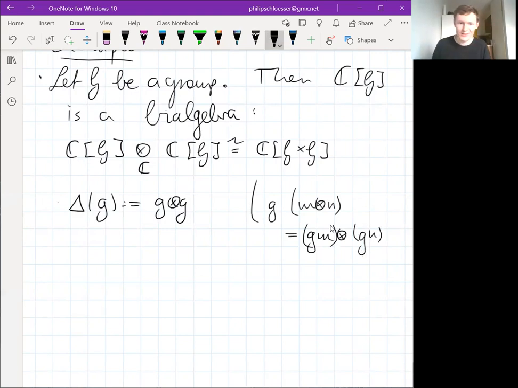Just like in group theory, you defined the tensor product of two representations. And secondly, what's our epsilon? Well, epsilon applied to a group element is 1.